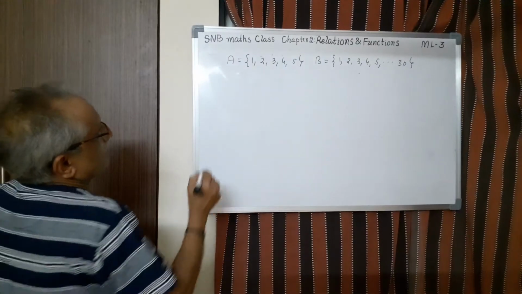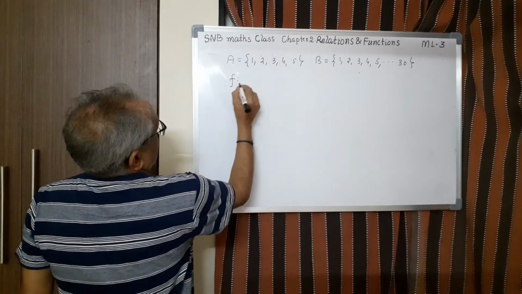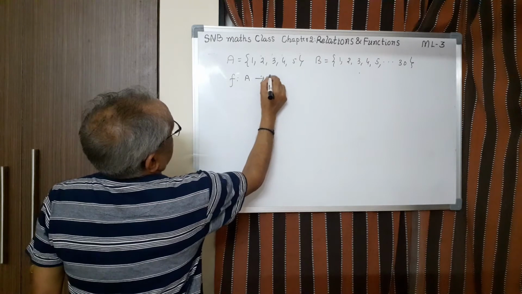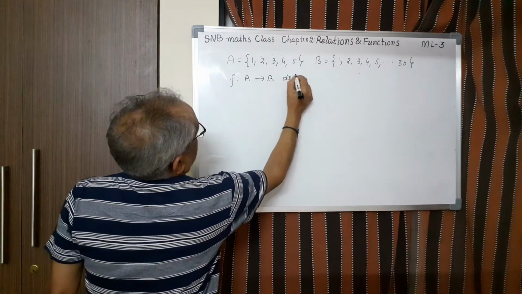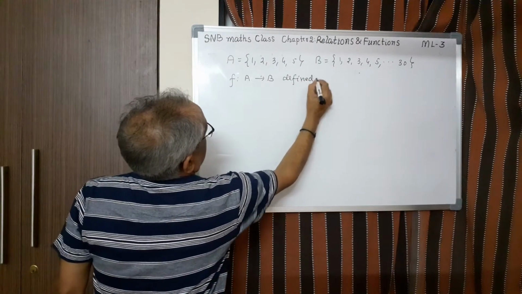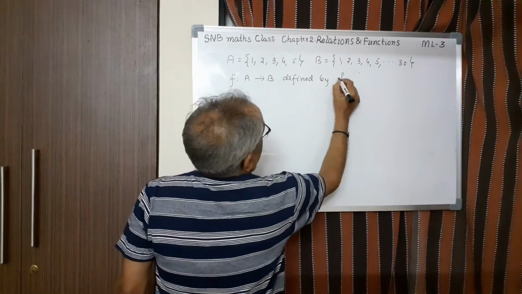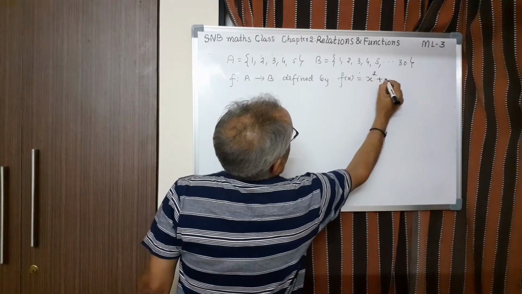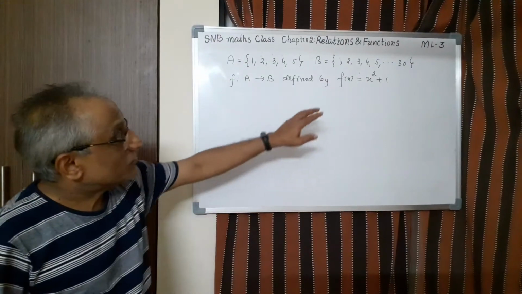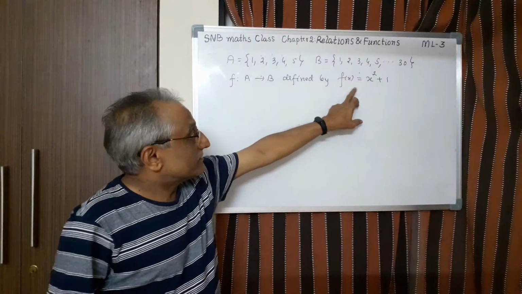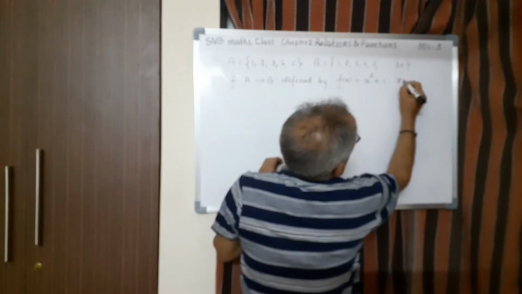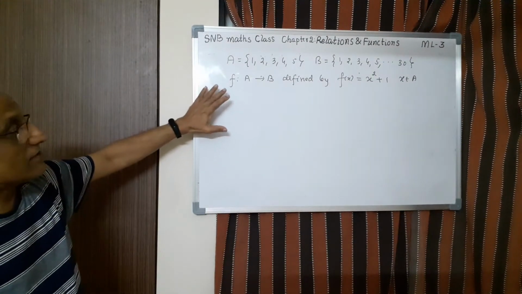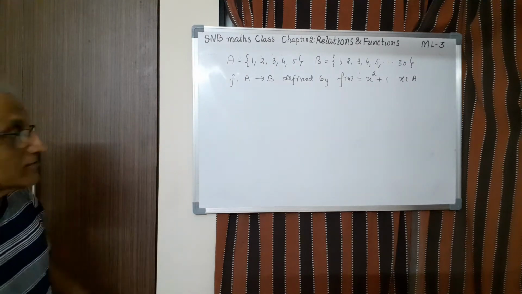And then f is a function from A to B defined by f of x equal to x square plus 1. So this is the rule of the function. f of x is defined for x belonging to A. Now we can write this one in roster form. What is the roster form now?